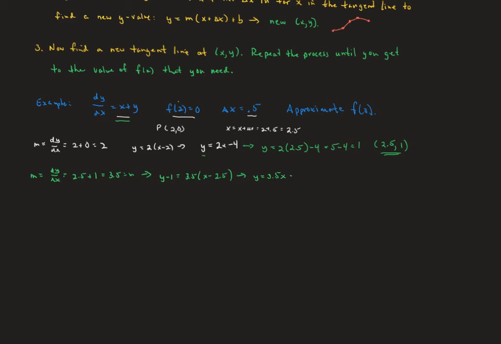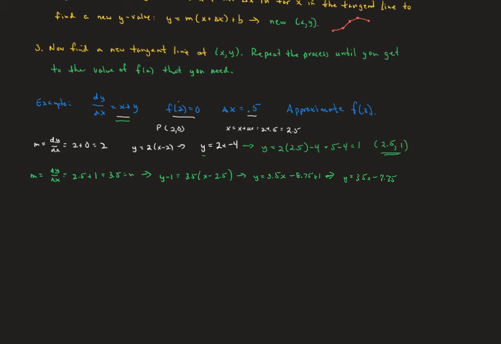So that's going to be a minus 8.75. Then we add that 1 to the other side, so y equals 3.5x minus 7.75.